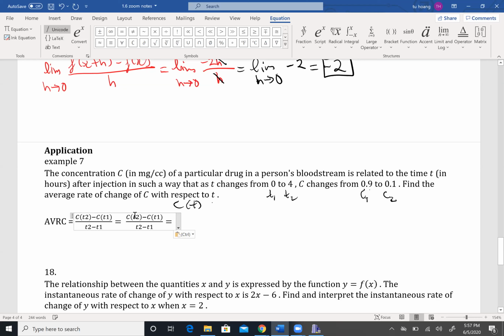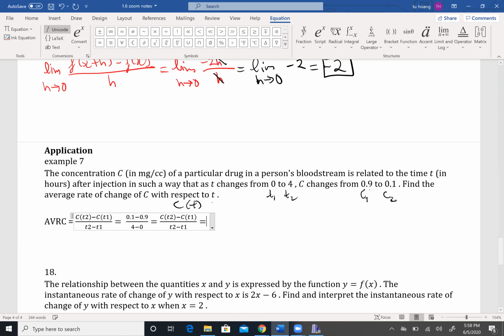C2 can be changed to be 0.1. C1 can be changed to be 0.9. T2 is 4, and T1 is 0. So now I'm gonna get 0.1 minus 0.9 will be what? Negative 0.8, I think.